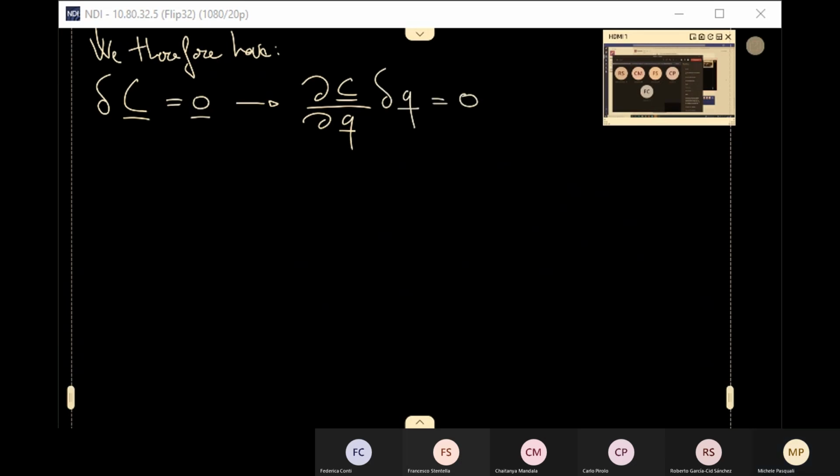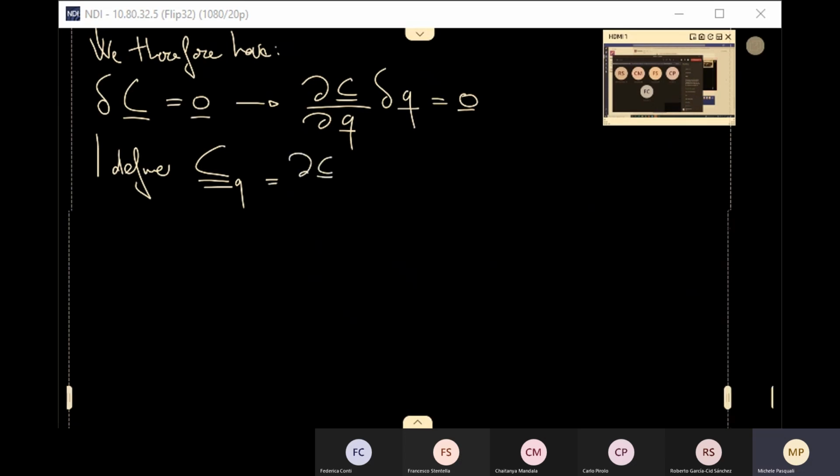I define this CQ, this matrix, as exactly this dC over dQ.